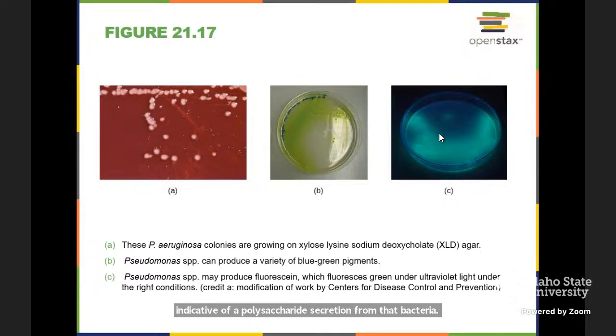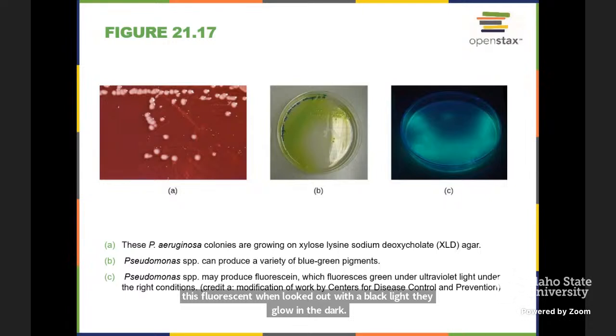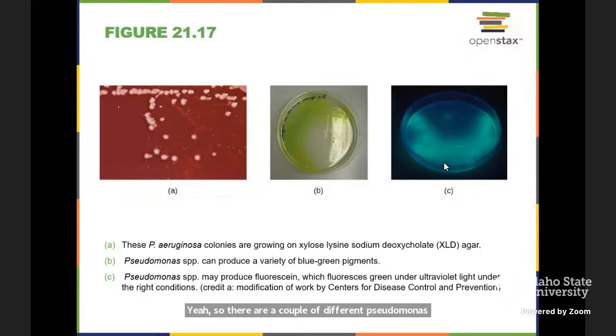And they also have the potential to fluoresce, producing this fluorescent when looked at with a black light, they glow in the dark. So there are a couple of different Pseudomonas species that have some pretty good glowing characteristics with that.